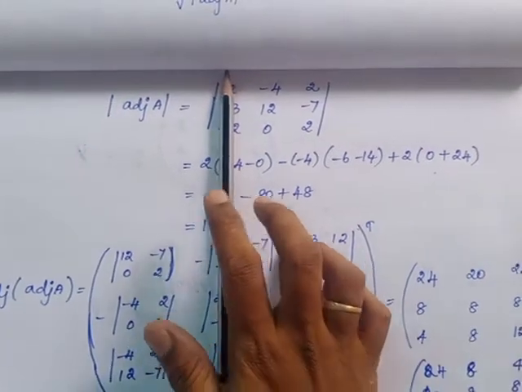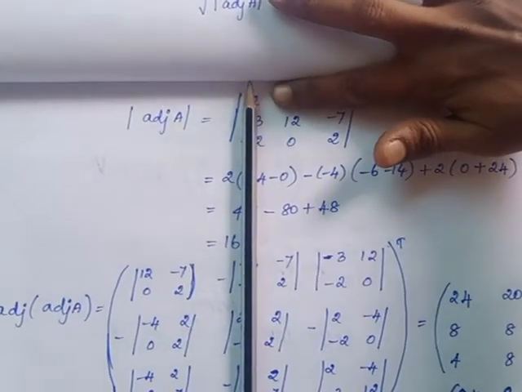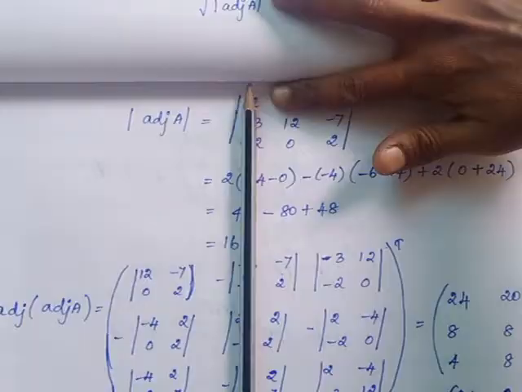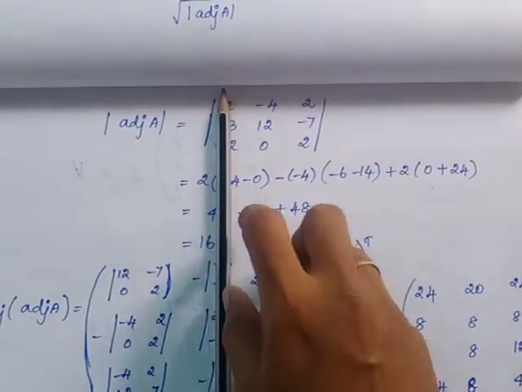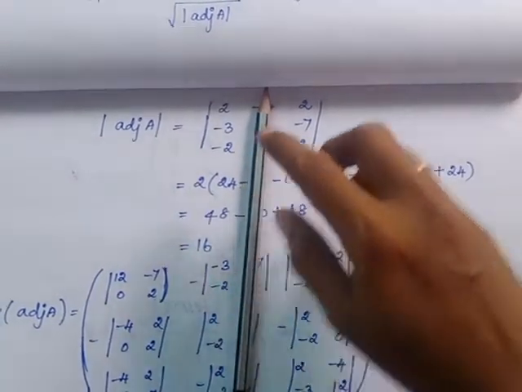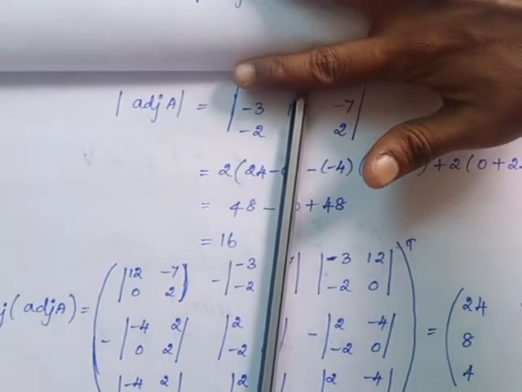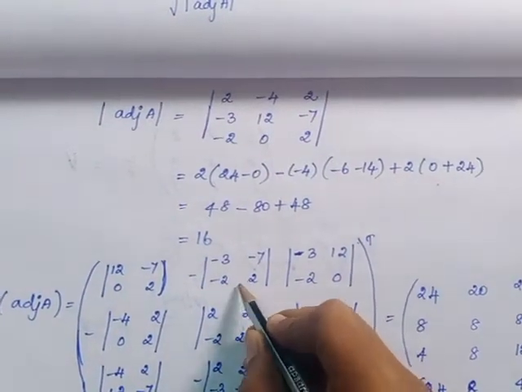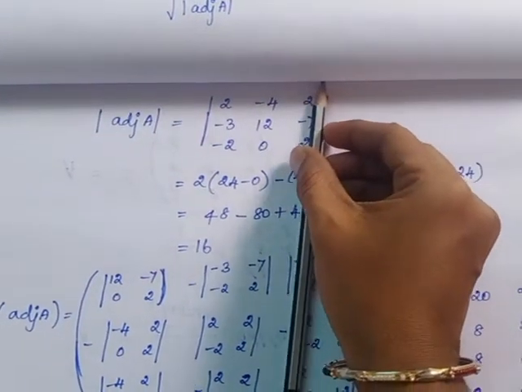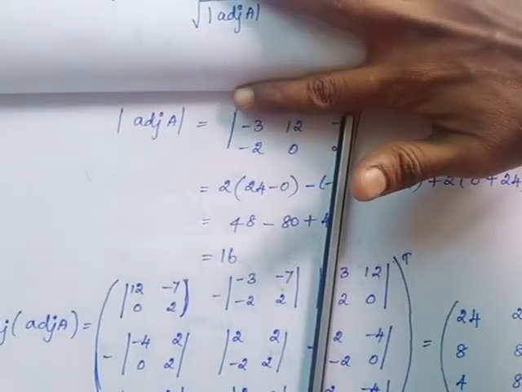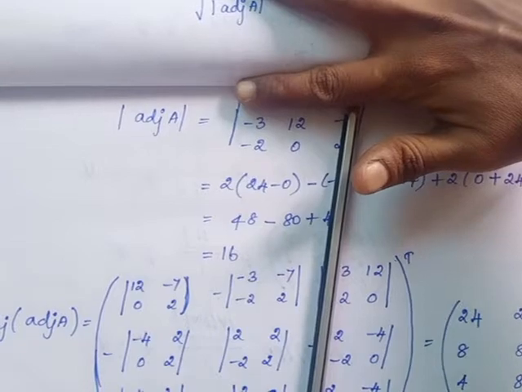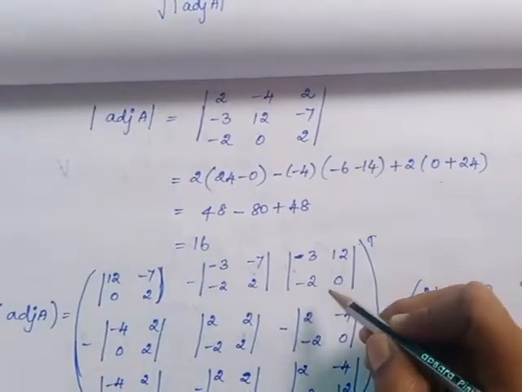So 2 has the minor determinant of [12, -7; 0, 2], which will be written here. Next, -4 has the minor determinant of [-3, -7; -2, 2]. Next, 2 has the minor determinant of [-3, 12; -2, 0].